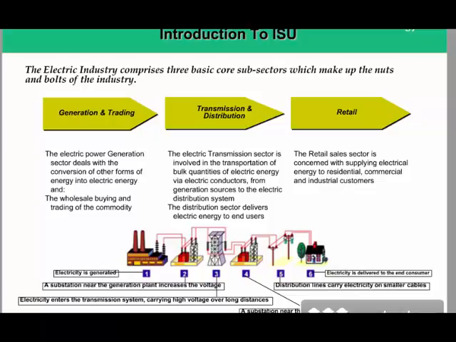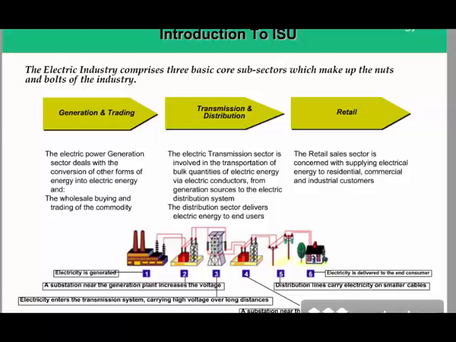At the bottom of this slide, you can see the pictorial view of how the electricity is being generated and then supplied to the house. The first one is the electricity generation center, which generates the electricity through multiple ways like thermal generation, hydro, nuclear, renewable, non-renewable, and so on.